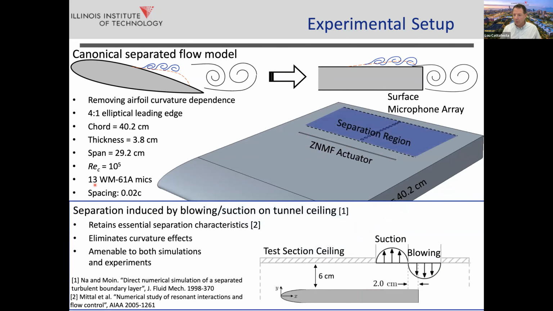So how do we get this separation bubble? The way it's done is by using a fan on top of the tunnel that pulls some fluid out of the upper boundary and re-ingests it just downstream into lower. So it's a zero net mass flux boundary condition that was motivated by some work published by Ney and Moyne in JFM in the late 90s.